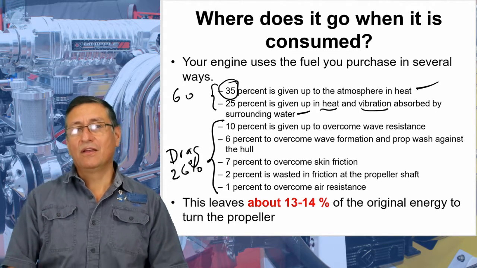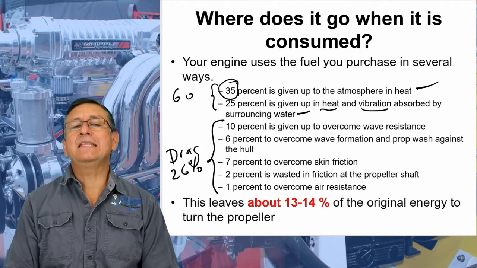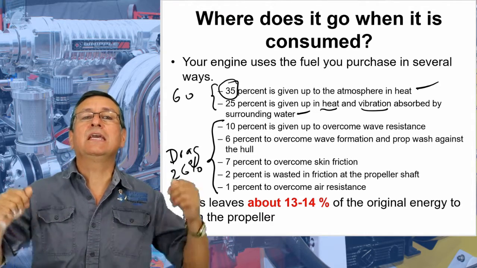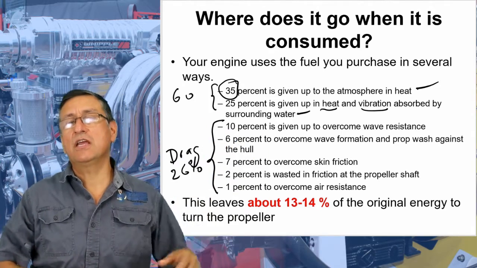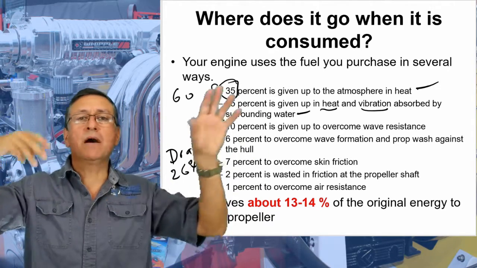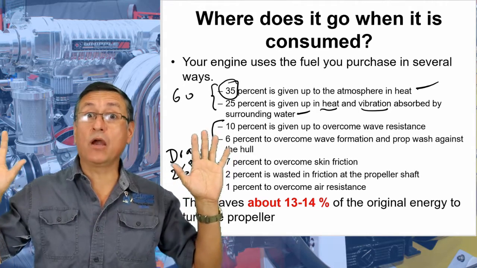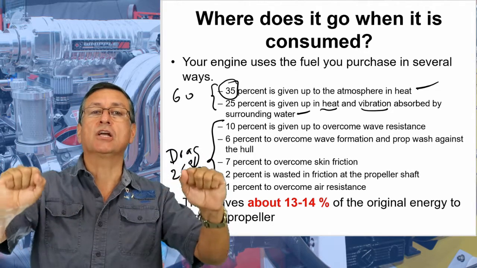on the propeller. Wow! 86% of the energy produced by any type of engine is dissipated in heat, in friction, in vibration. Only between 13 and 14%, in a good scenario, is used to produce torque and thrust.